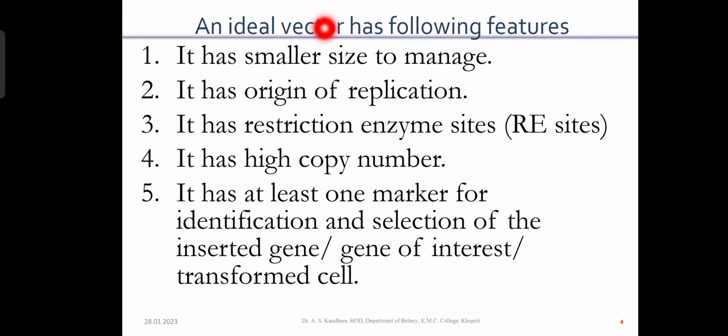So therefore vector should possess a specific marker. So these are some important features and characters that a vector molecule should possess.